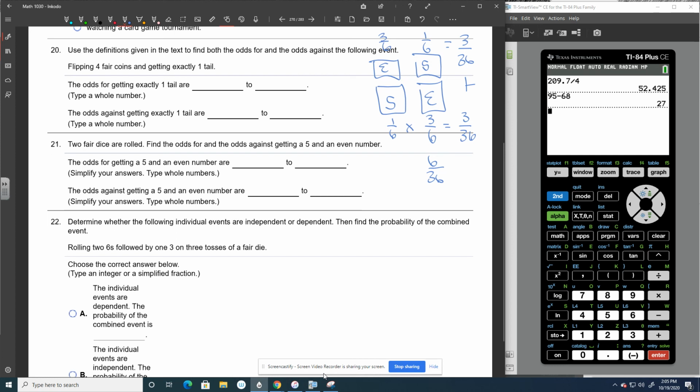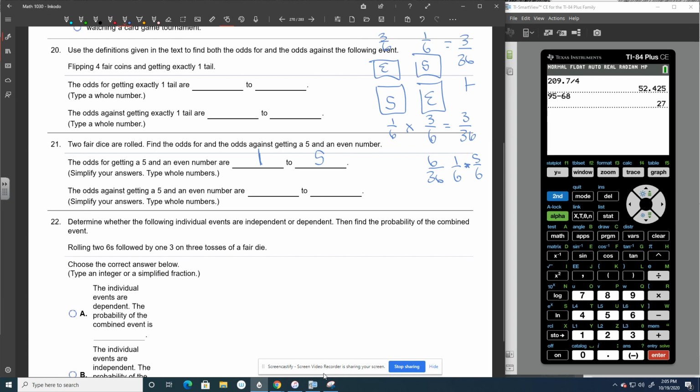So when I simplify this, there's 6 out of 36 ways that it could happen, which is 1 out of 6 ways it could happen, which means there are 5 out of 6 ways that it could not happen, right?